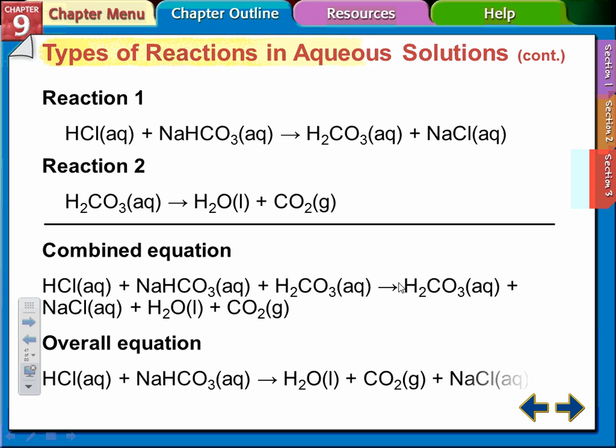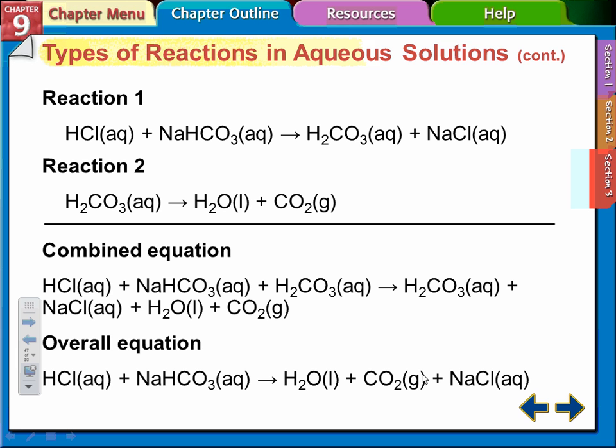The combined equation looks like this, where you have the hydrochloric acid and sodium bicarbonate, and those two combine to form hydrogen carbonate, and then the hydrogen carbonate breaks down. This equation down here is better. That one's too confusing.